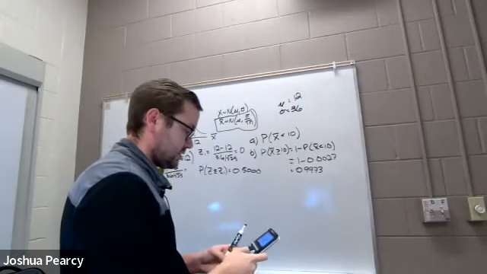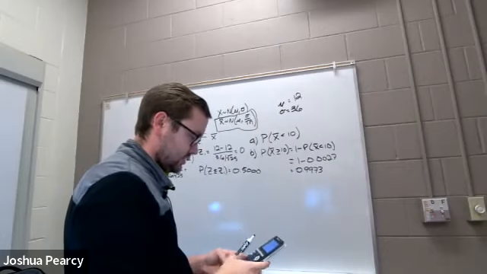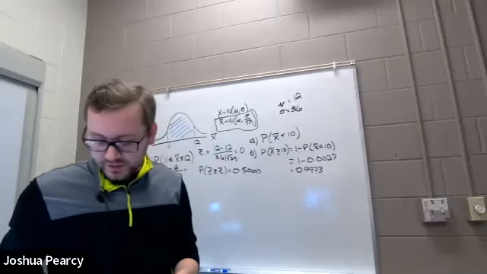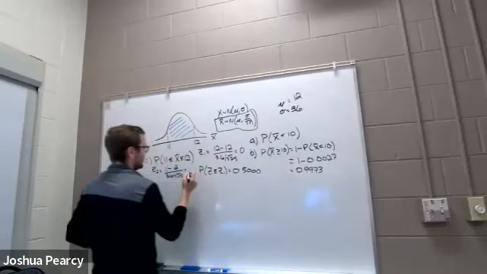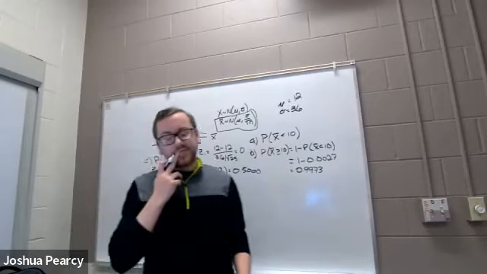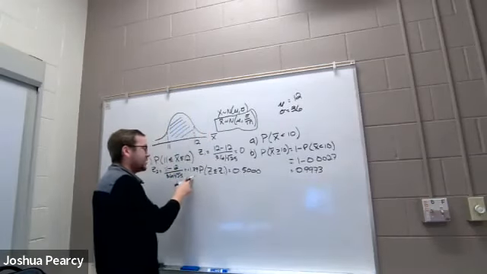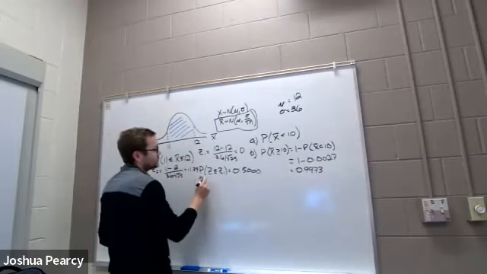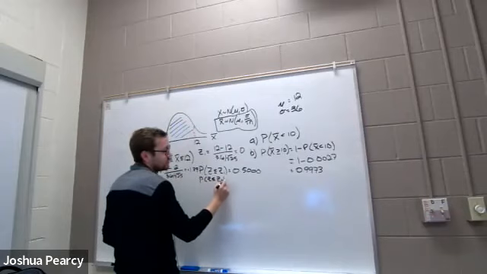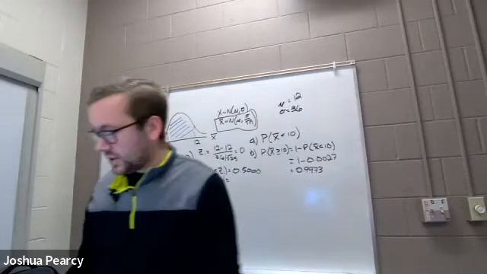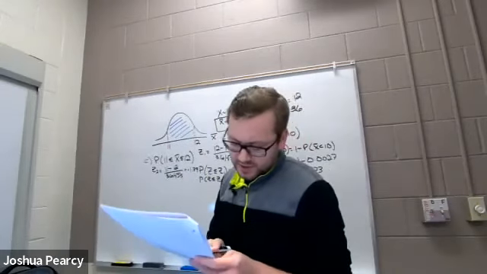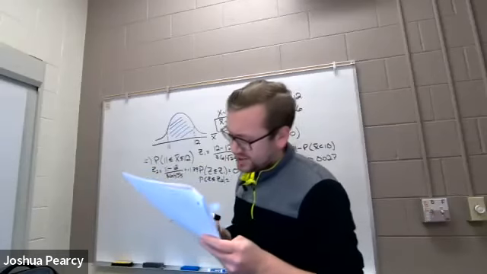Yep, negative 1.39. Then you can find the area to the left of this z-score, the probability of z being less than or equal to z2. If you look in the table, the probability of z being less than negative 1.39 is 0.0823.